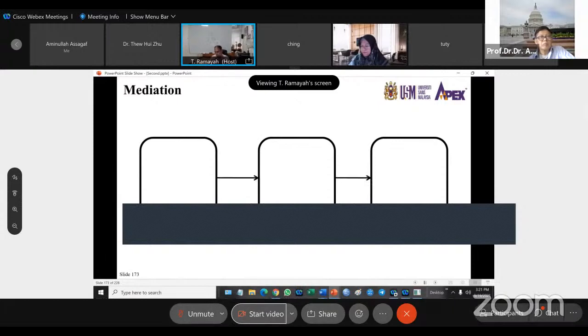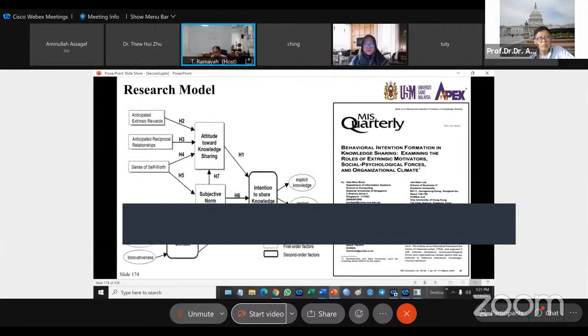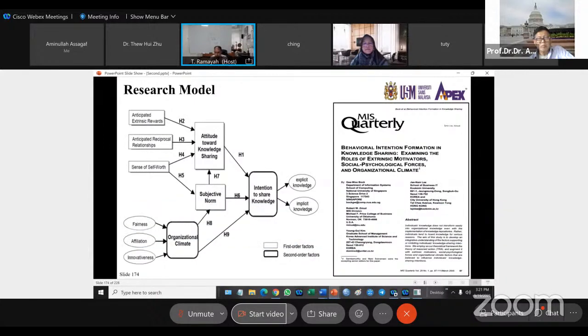Here we have a paper published in MIS Quarterly by Bock et al. This is a 2005 paper which is very highly cited in the area of knowledge sharing.